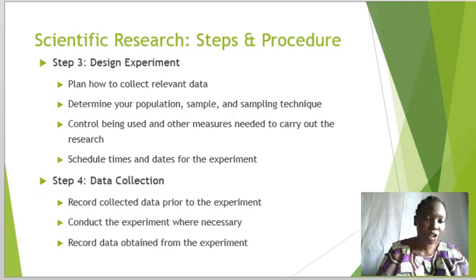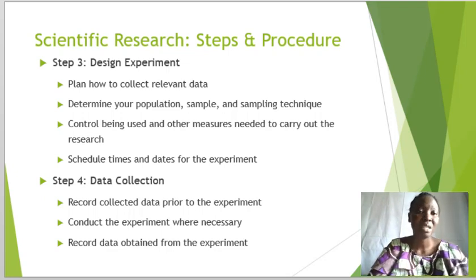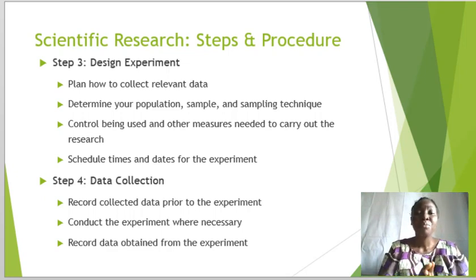You know your population, you know the sample you want to take, you know the sample you want to deal with. Then how do you get this sample? Then the next step is to determine the control and other measures you need to carry out the research. I said earlier that scientific research gives you better results when it is controlled.